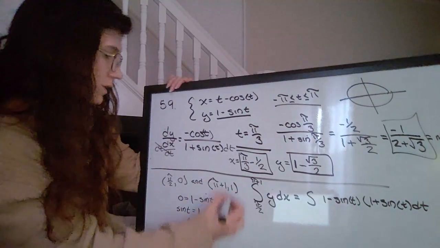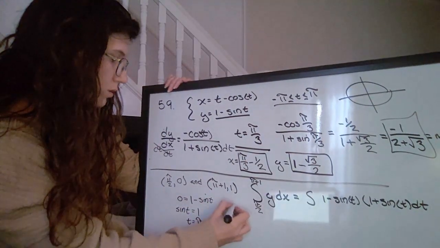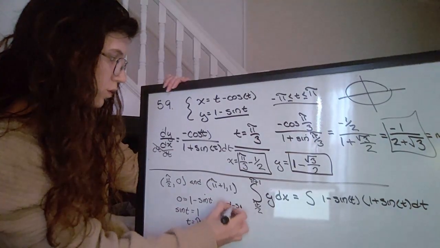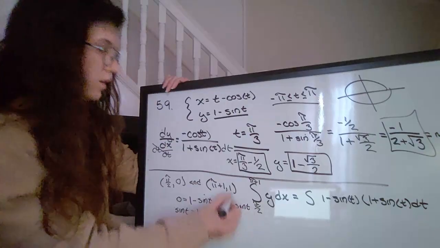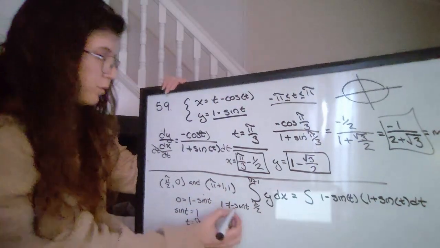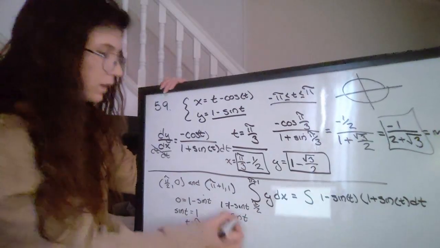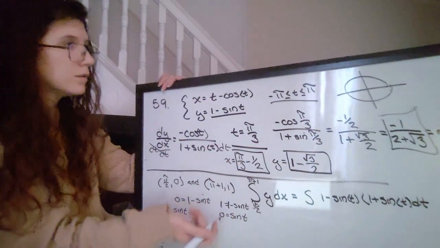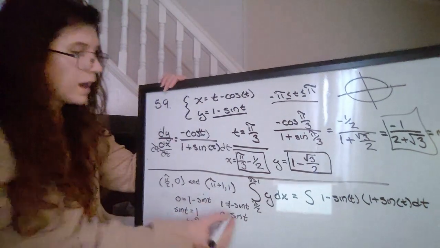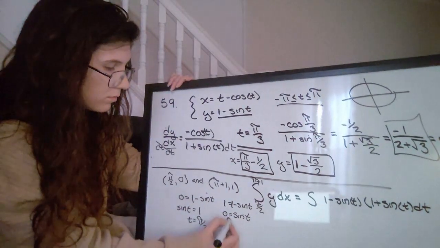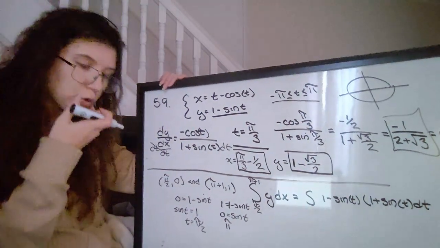And then I'm going to do the same thing and say 1 equals 1 minus sine t. Subtract 1 from both sides, so that would equal 0. And then where's our sine 0? Our sine is at pi, negative pi, 2 pi.